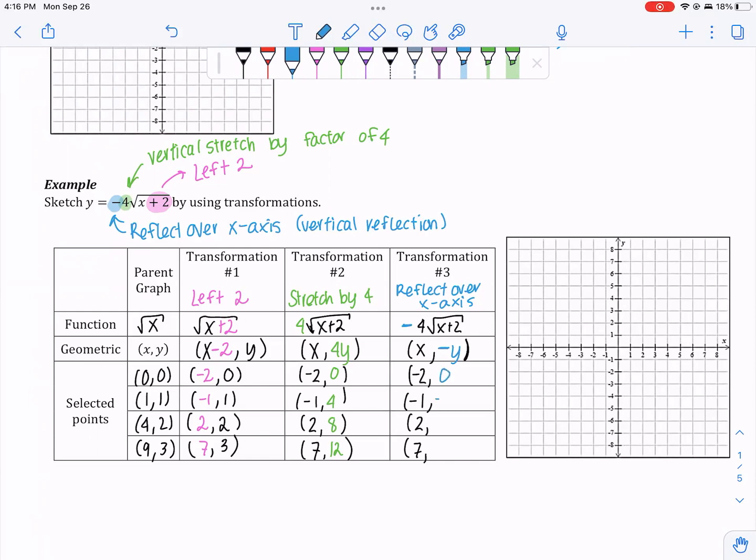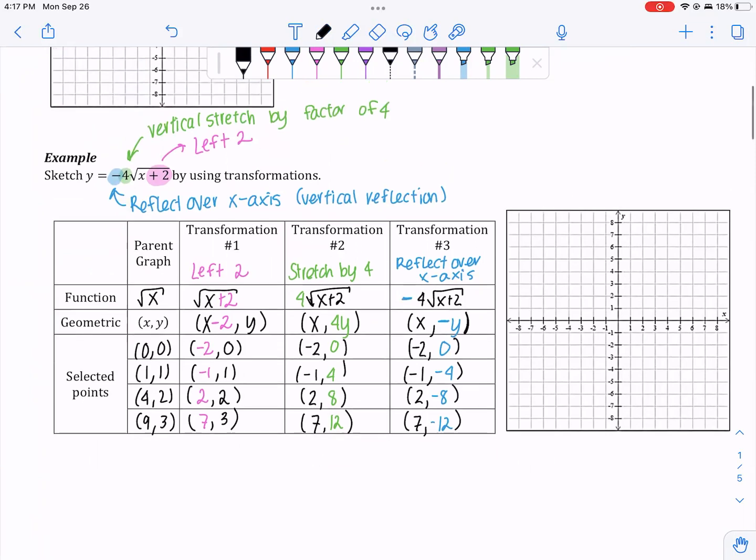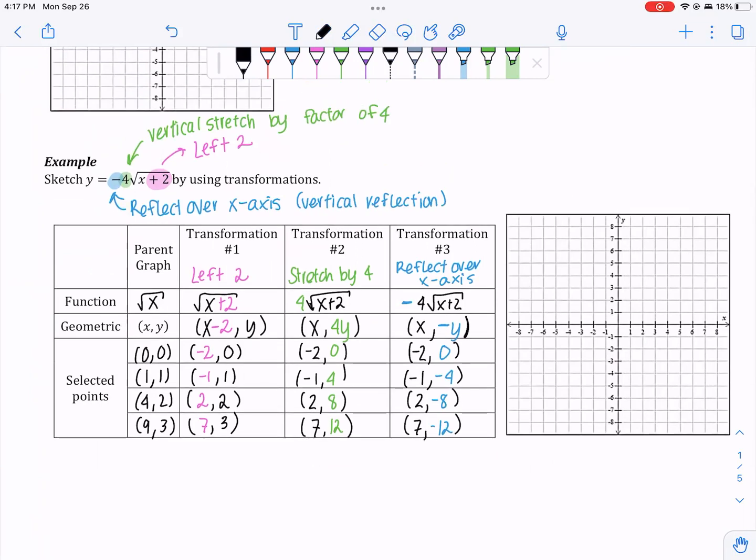Zero doesn't change sign. 4 changes to -4. 8 changes to -8. 12 changes to -12. Those are our new points. All right. So the original graph looks like this. Okay, that's the original.